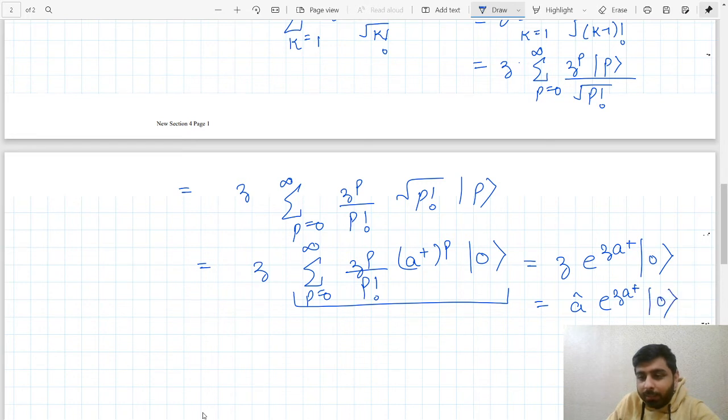So we have proved that this state is the eigenvector of the annihilation operator with eigenvalue z, and z can be any complex number.